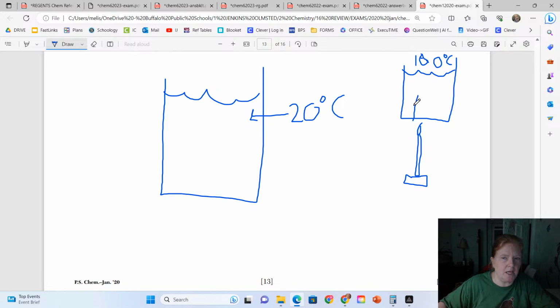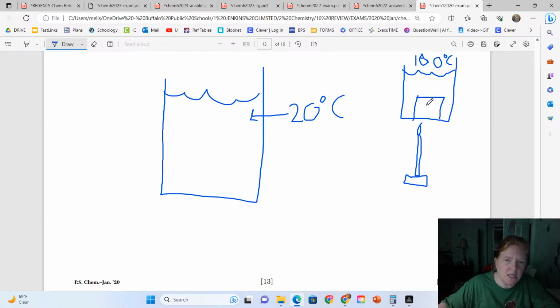And inside that water is a block of iron. I'll just say iron for this one. Then what I'm going to do is let that boil for a while. Why am I going to do that? Because as I let it sit there in the boiling water at 100, the iron piece is going to be also at 100.